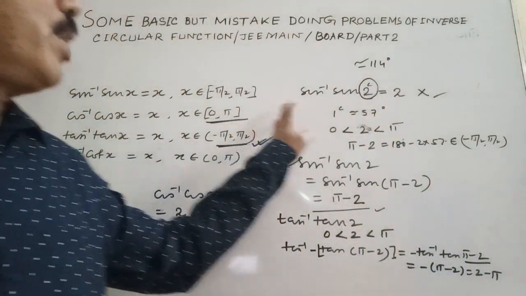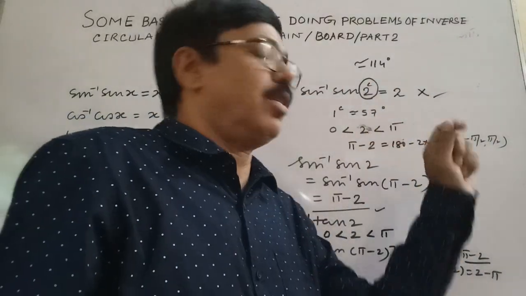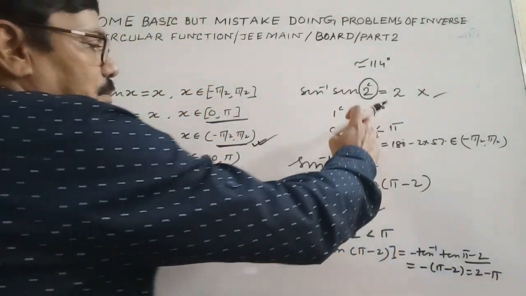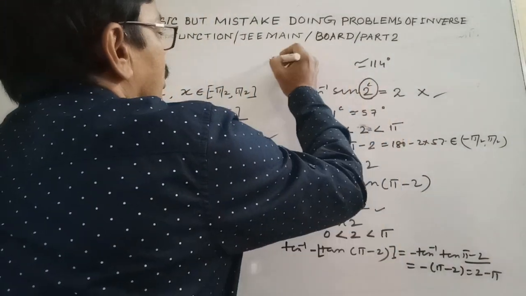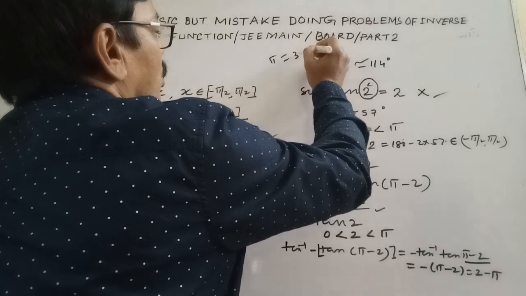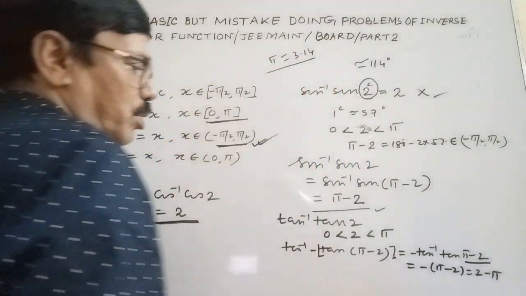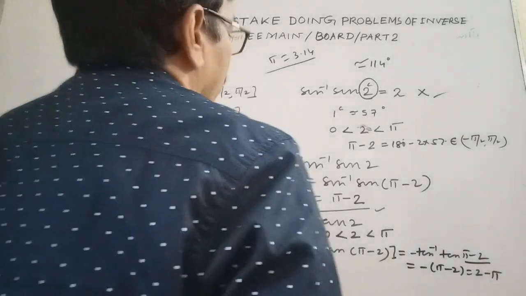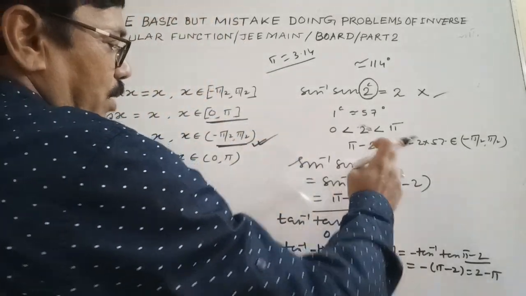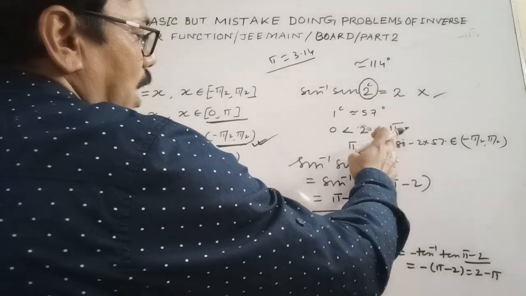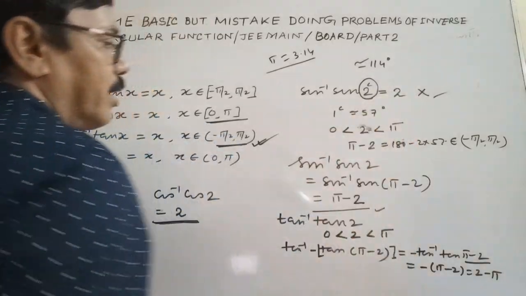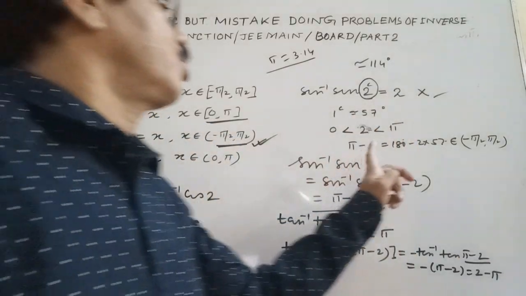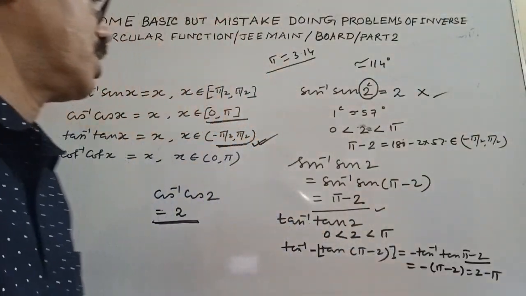So we want to express it in multiples of pi. Pi means 3.14. So 2 is less than 3.14, so 2 lies between 0 and pi. Now, pi minus 2 belongs to the principal value.